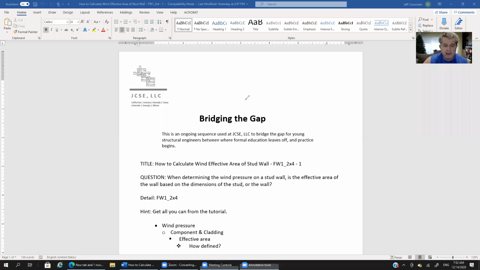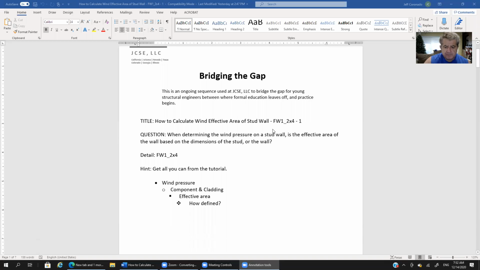Okay, sure, very valid question. Just as a heads up, notice how the detail here is FW1_2x4. That means that we're going to cover some topics in this tutorial, but you will likely find other sistering topics that deal with a similar situation to what we're dealing with here, but not covered by this tutorial.